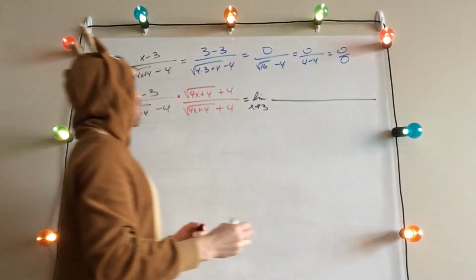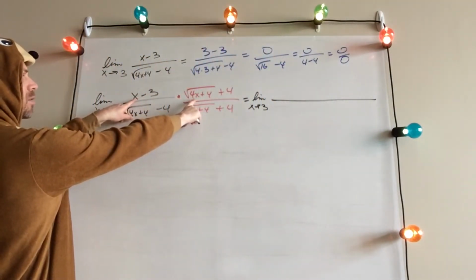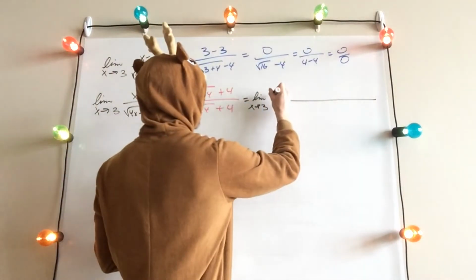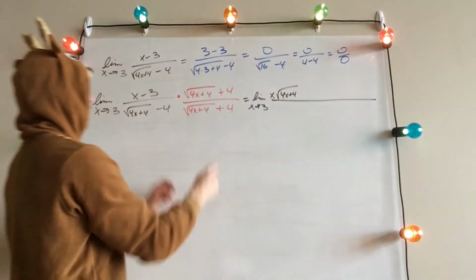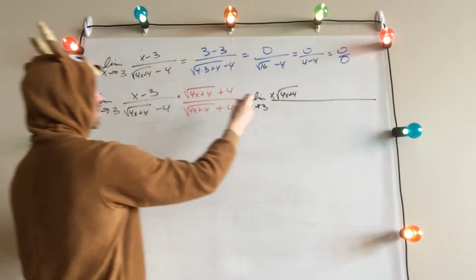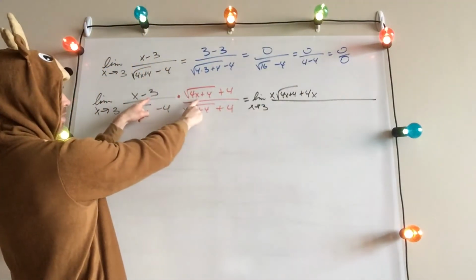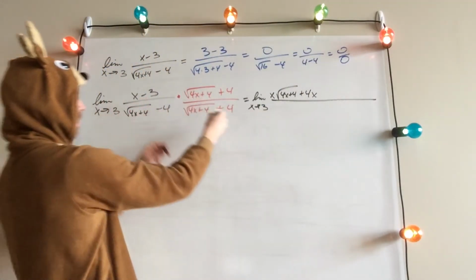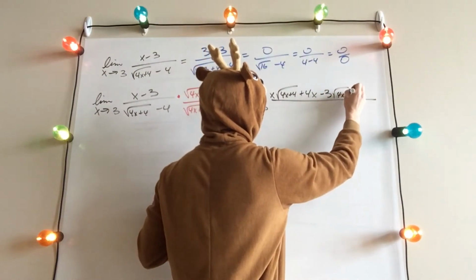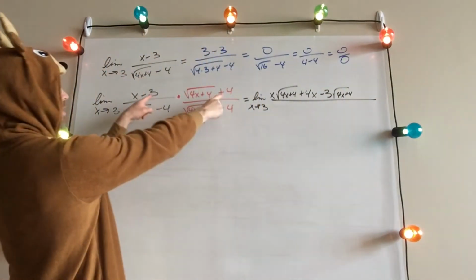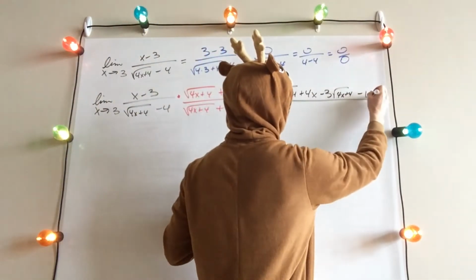All right, when we FOIL, first, so x times that square root, outer 4x, inner negative 3 square root of 4x plus 4, and last negative 12.